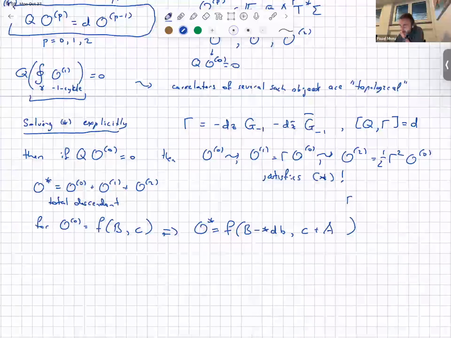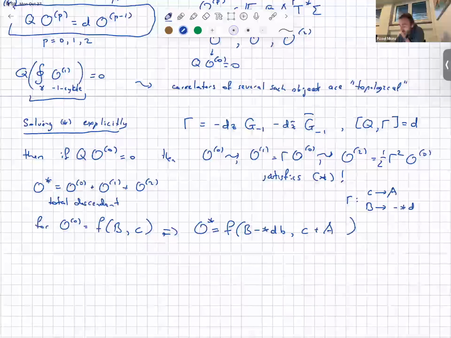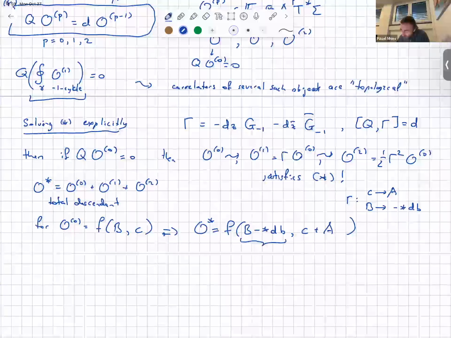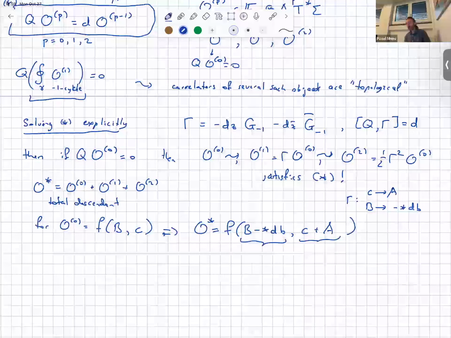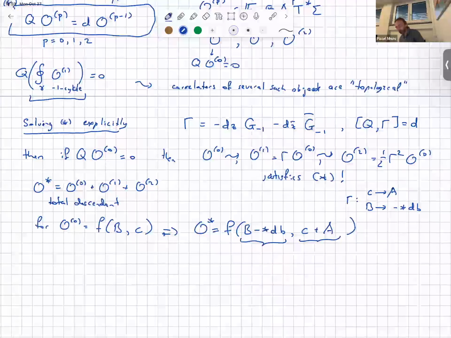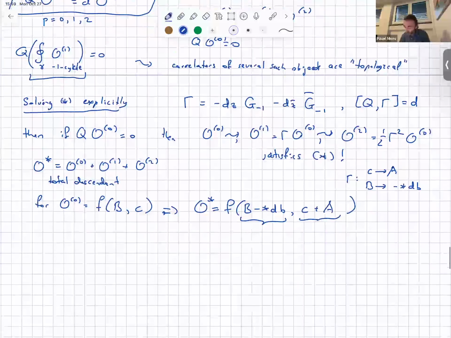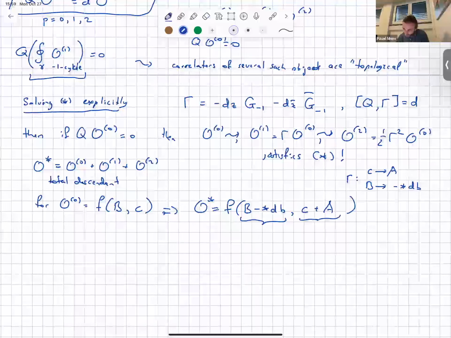And it follows from explicit computations, in particular this descent operator sends the ghost to A and sends the capital B field to minus star DB. So here I want to make a side remark. These two objects appearing here are in their own right non-homogeneous form-valued fields, and they are what's called superfields in some language.